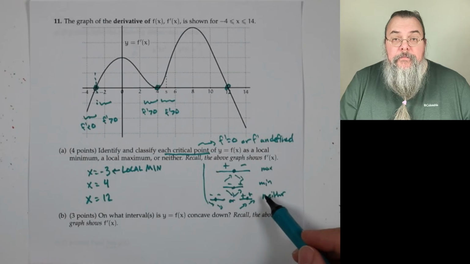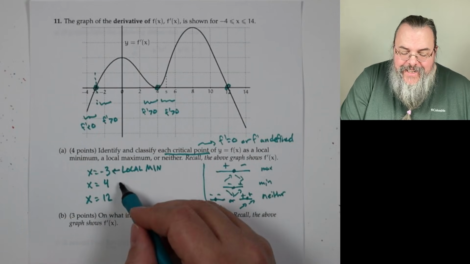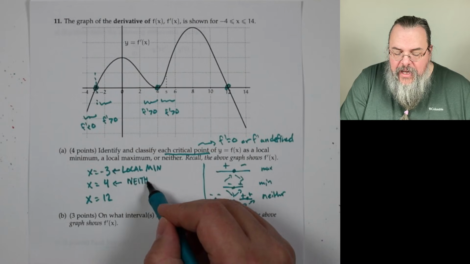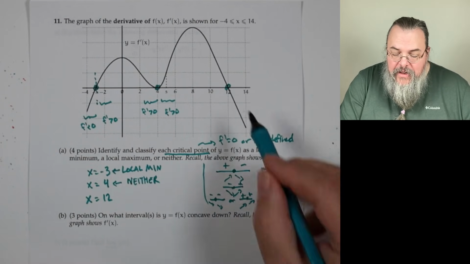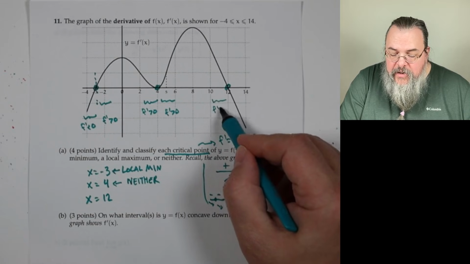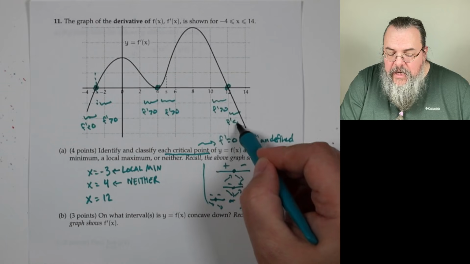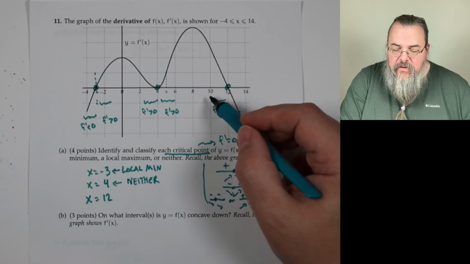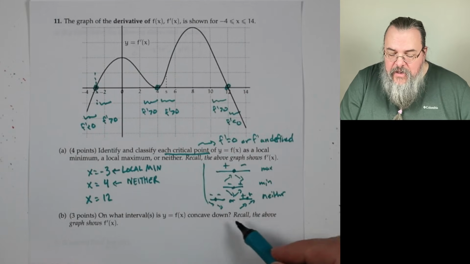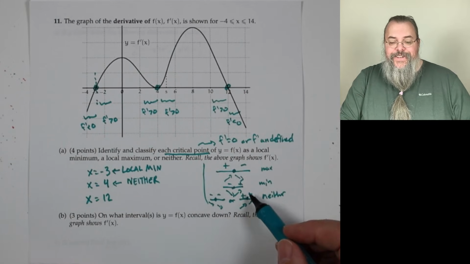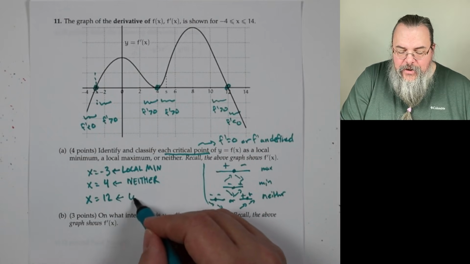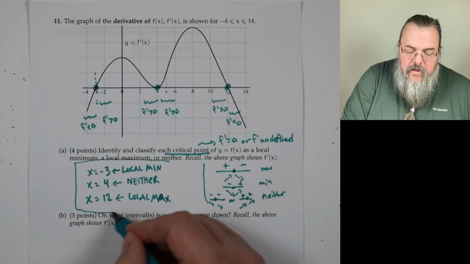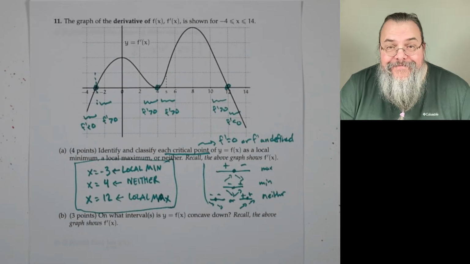Up, up. What are we doing? It is neither. Okay. And then our last one. Well, here we're positive, and then we're negative, right? Because we're positive above the axis, negative below the axis. So up, down. What are we? We are a local max. And there we go.